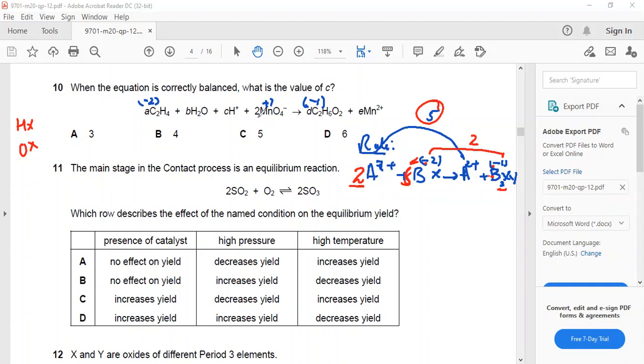So if it is 2 here, it means the change in oxidation state from here to here is 2, which is why the change in oxidation number on carbon is multiplied here. So what is the change in oxidation number here? 5. So you multiply this one by 5. Okay. Got it?